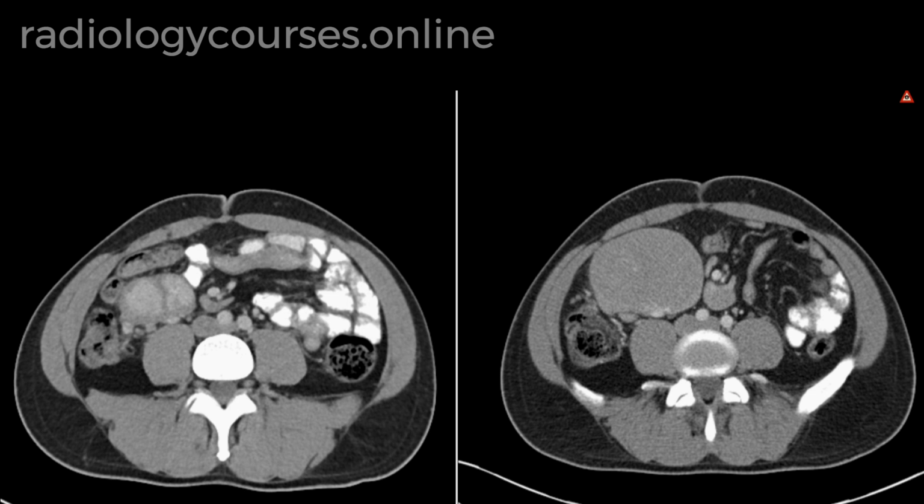When we search the literature, we do not find many papers for this, but based on review of the literature, I have found the following causes for increased density or increased enhancement in the reducing size of the lymph nodes in patients with lymphoma on chemotherapy.